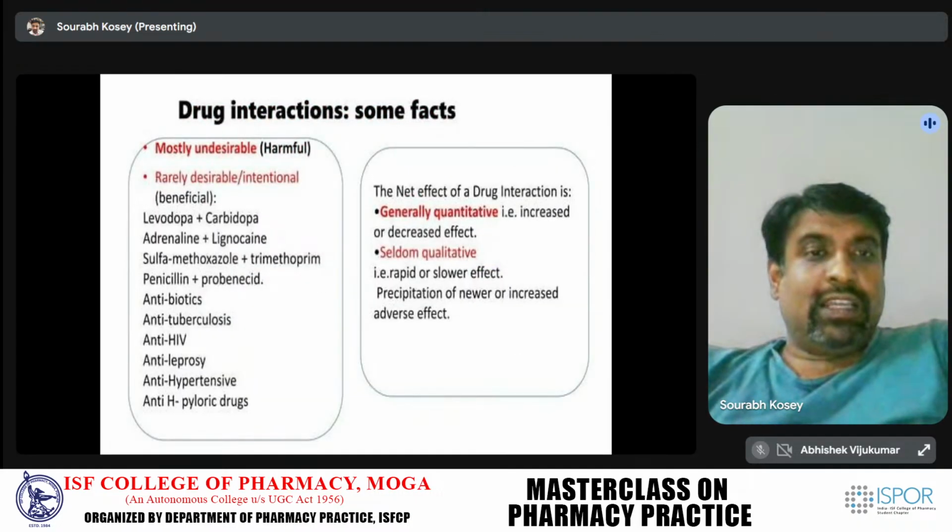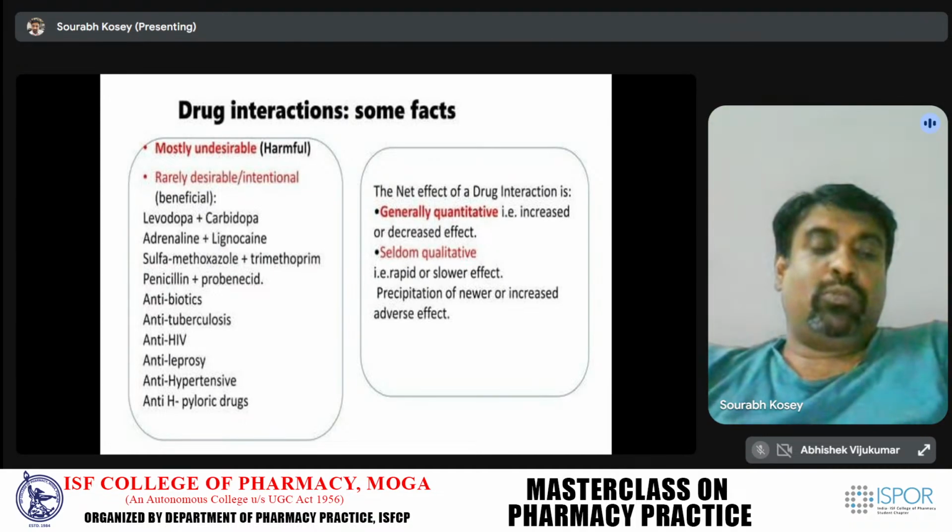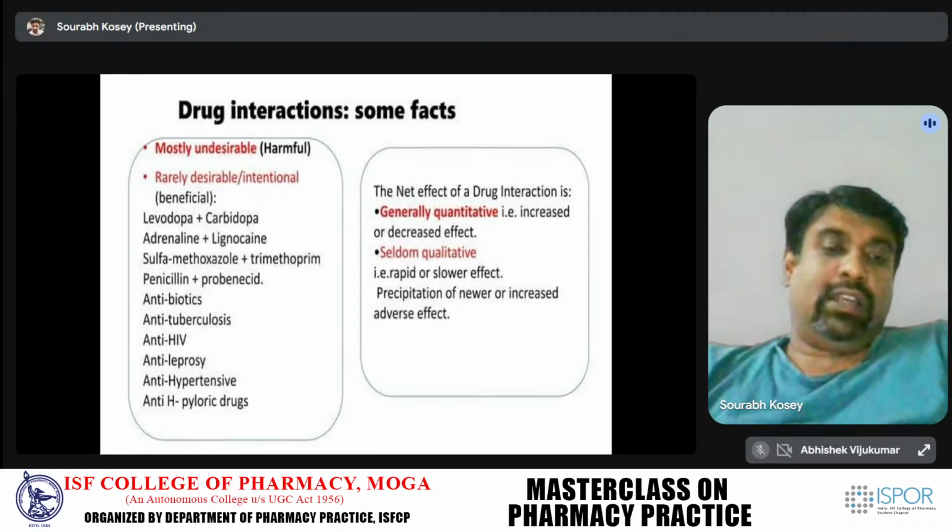Some facts: most interactions are undesirable or harmful, and rarely desirable or intentional. Beneficial examples are levodopa plus carbidopa, adrenaline plus lignocaine, sulfamethoxazole plus trimethoprim, penicillin plus probenecid, and combinations of antibiotics, anti-TB, anti-HIV, anti-leprosy, anti-hypertensive, and anti-H. pylori drugs.